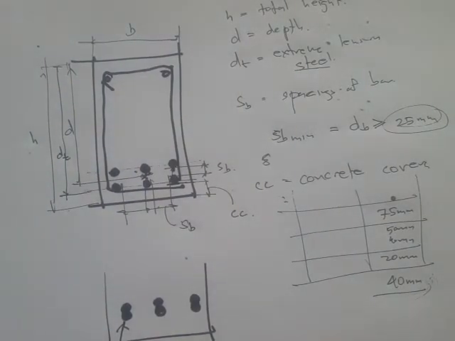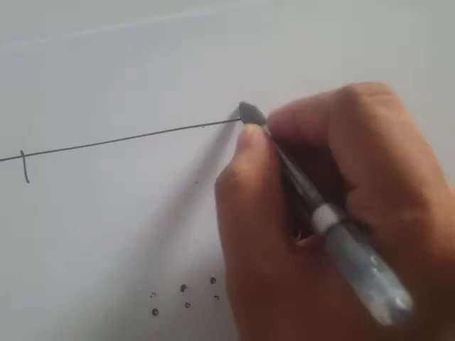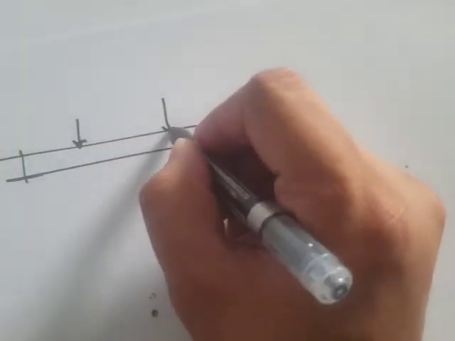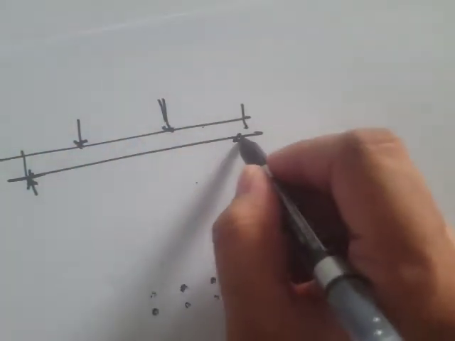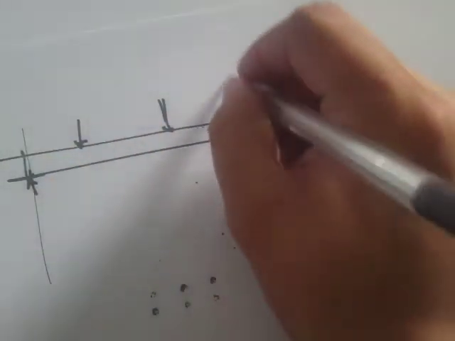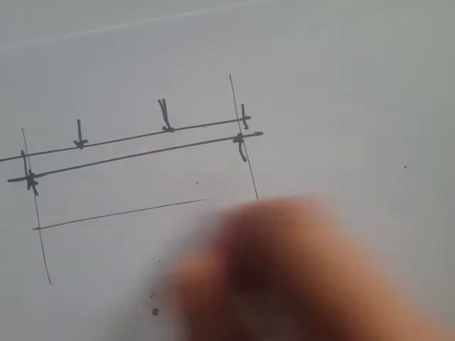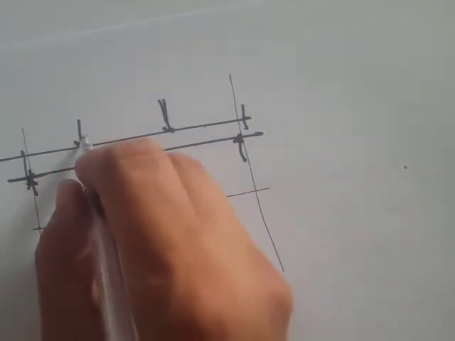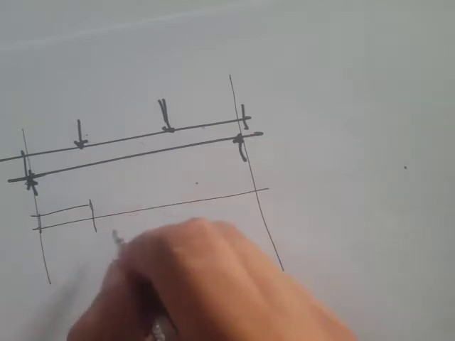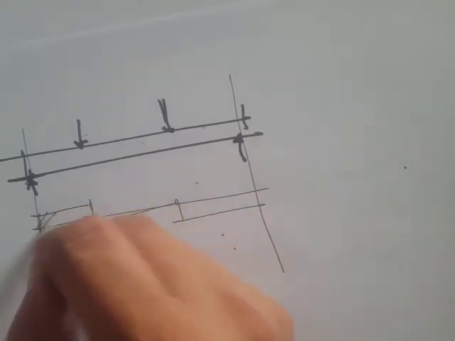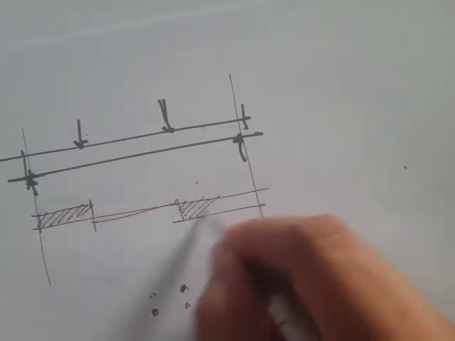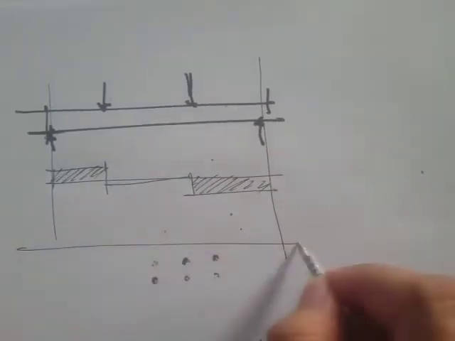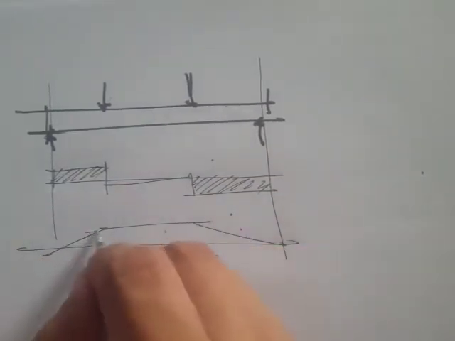Okay, so now let's move on to the behavior of beams under flexural loads. Consider a beam under two-point loadings. Let's say we have a support here. If we draw the shear and moment diagram, we get something like this. Since these are just point loads, the shear diagram will be something like this, and then the moment diagram will be something like this.